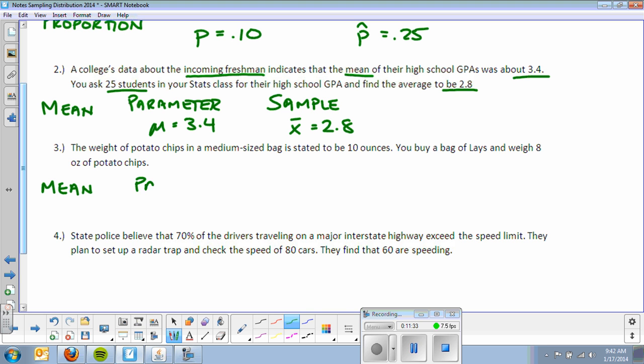The parameter in this case is the population. So Lay's claims that all of their bags contain 10 ounces on average, so that's a mean. Mean is 10 ounces. And you buy a bag of Lay's, so that's kind of like your sample. So the statistic in this case, x bar, is 8 ounces.